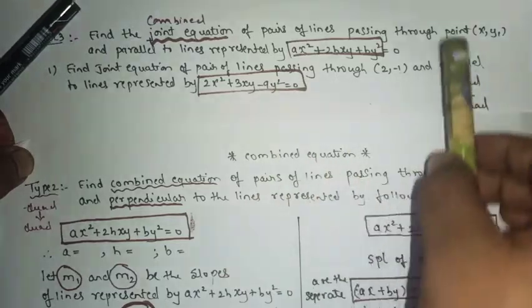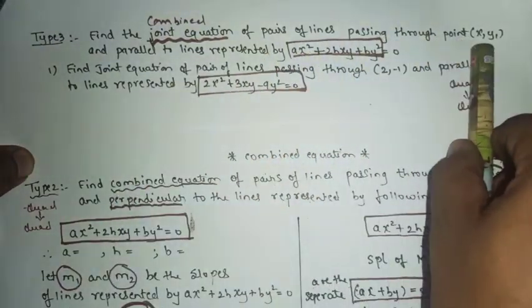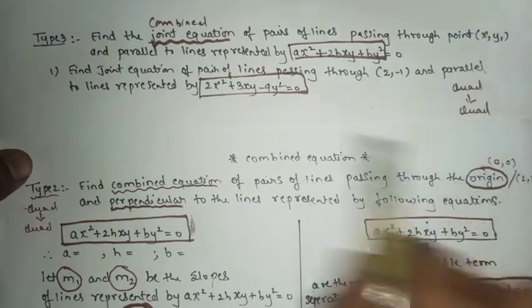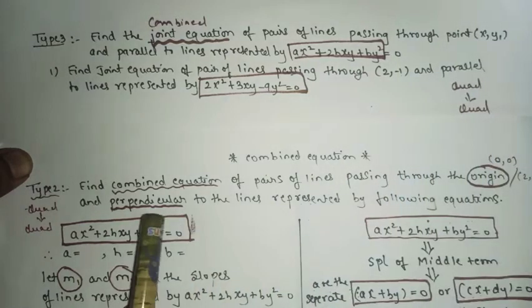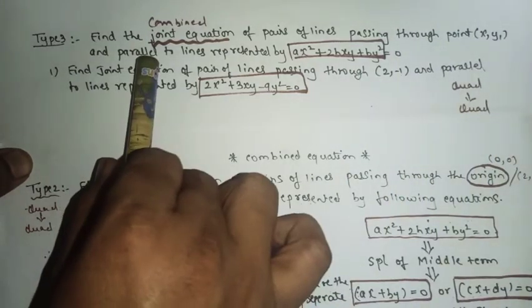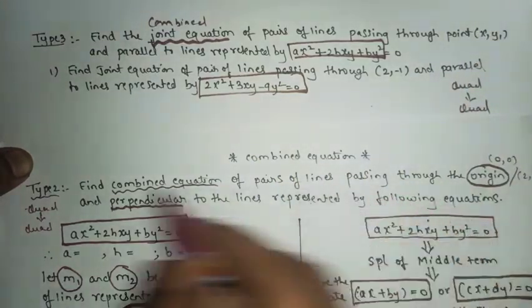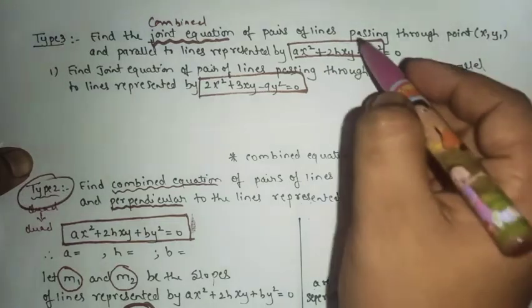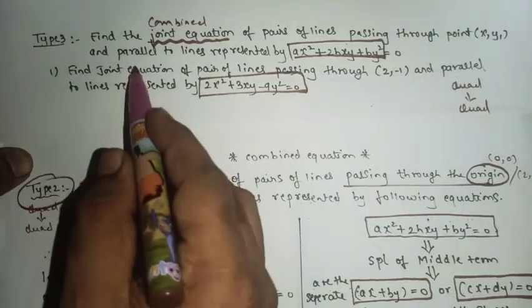The change is: in type number 2, the line is passing through the origin, but in type number 3 it is passing through the point, and it was perpendicular, here it is parallel. Can you see the difference? In type number 2 it was passing through the origin, here it is passing through the point. It was perpendicular, here it is parallel.